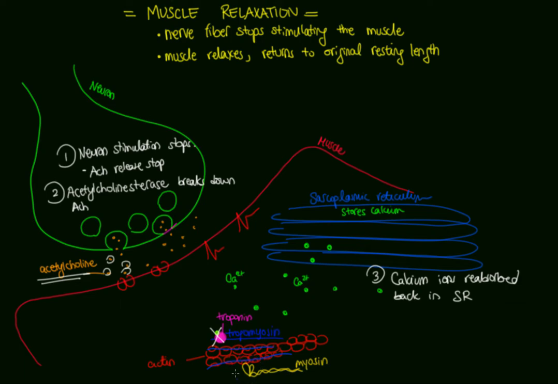And this is going to result in myosin no longer being able to interact with actin and result in the sliding filament theory. And so here is our last step of muscle contraction, where tropomyosin will return to block the myosin binding sites on actin.